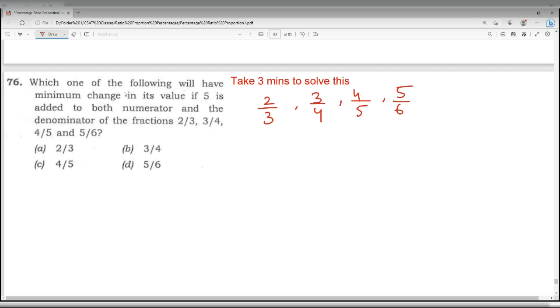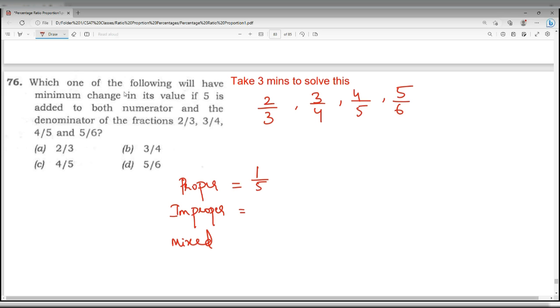There are 3 types of fractions: proper fractions, improper fractions, and mixed fractions. Proper fractions are where the numerator is less than the denominator. For example, 1 by 5. So numerator is less, denominator is more.